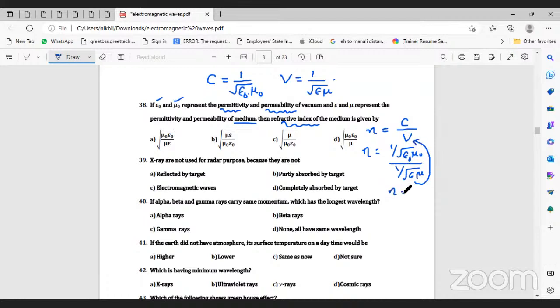So n is equal to root of epsilon mu divided by epsilon naught mu naught. So option B is the right answer.